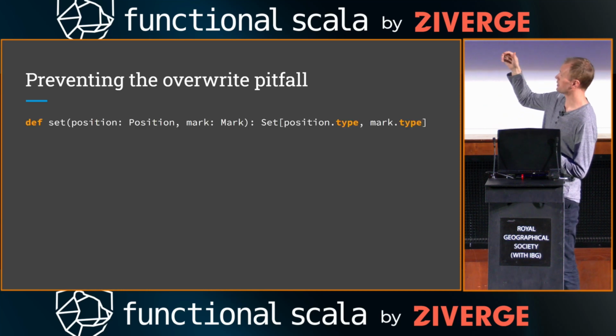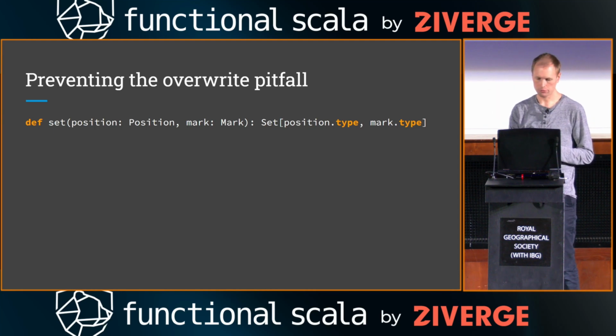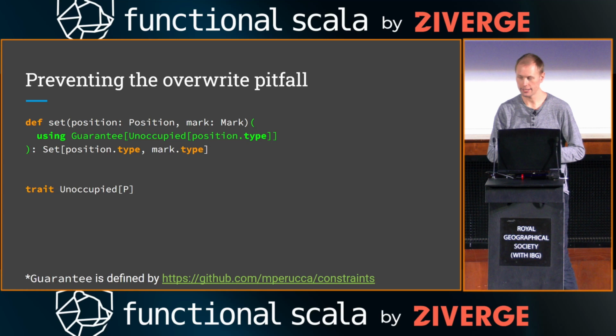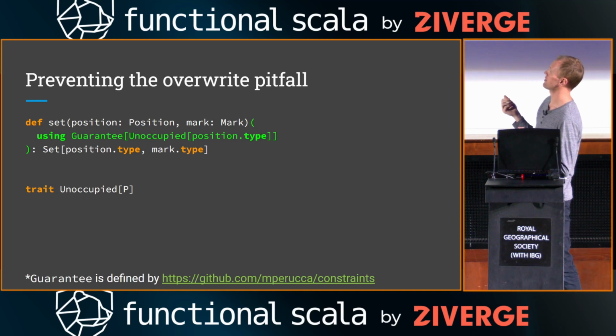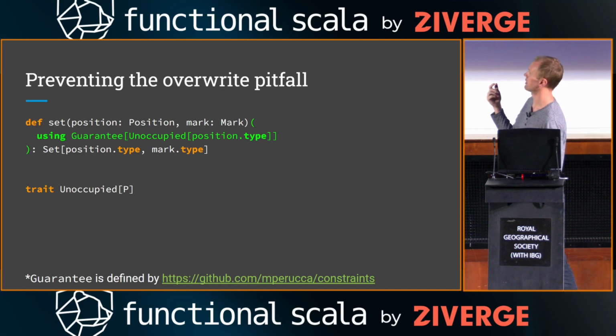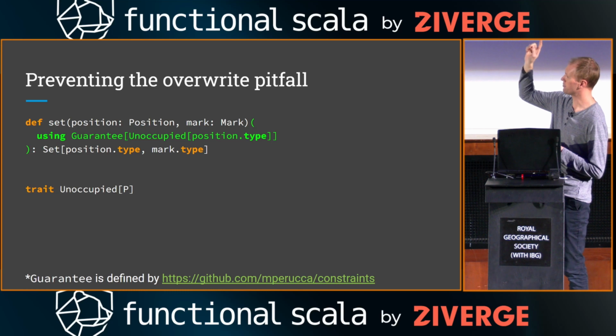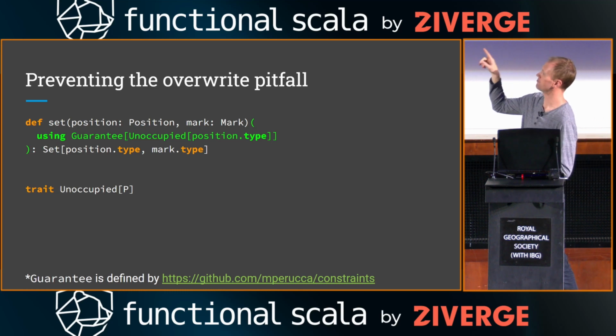So this is what it looks like right now when we set a position. But what we can do is add a guarantee parameter. It's another parameter list that is unoccupied at that position.type. This guarantee type is from this library right here.